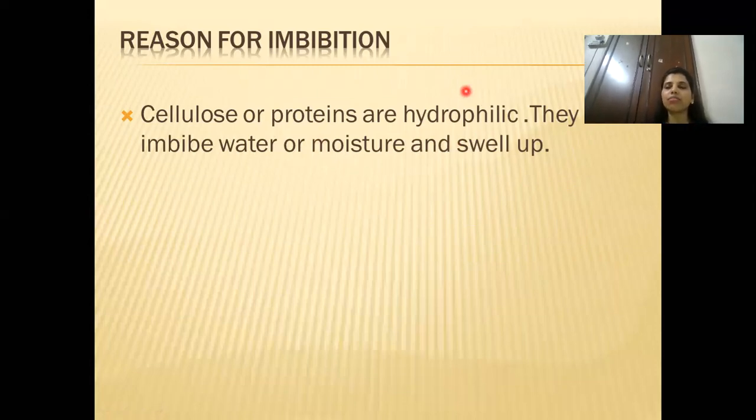Hydro means water, and philic means attracting or liking. So both cellulose and protein like water. So what they do is they imbibe. That means through surface attraction they absorb water or moisture and then they swell up. Okay, so this is the reason of imbibition.